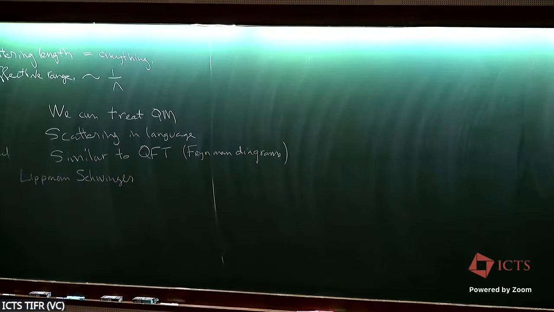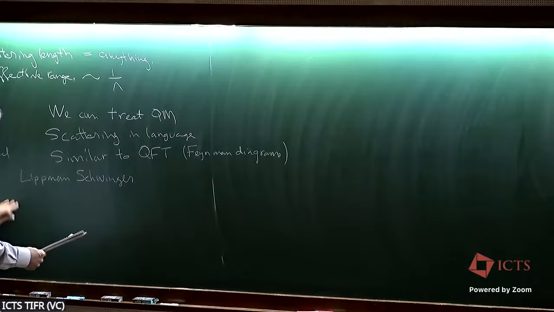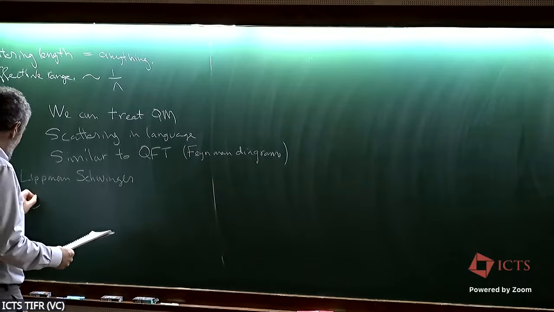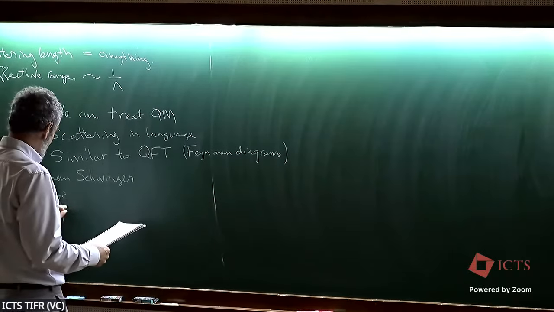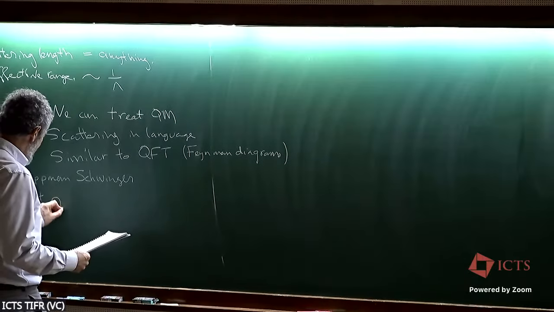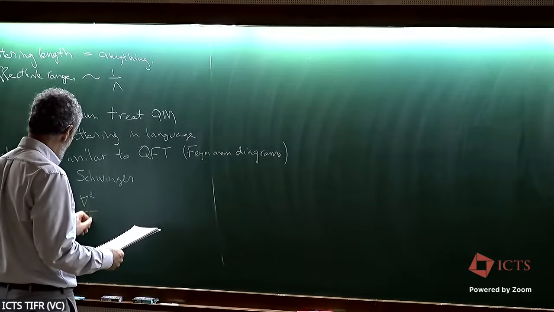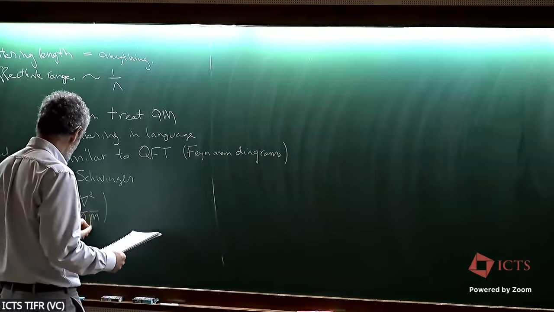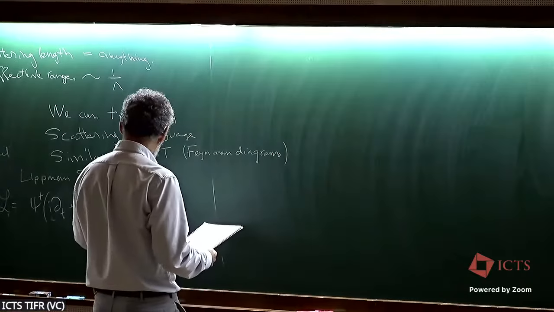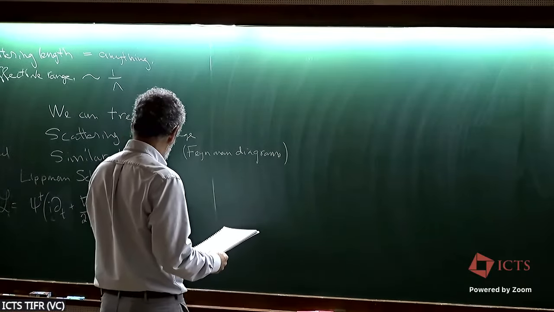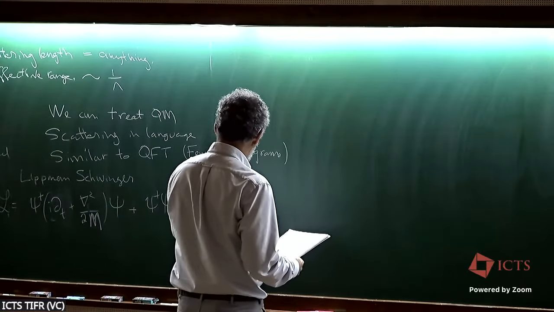But what it is, you write down your Hamiltonian, or you write down your Lagrangian as psi dagger times i d/dt plus del squared over 2M, I'm using a capital M there, psi, plus psi dagger psi at r1, psi dagger psi at r2, V of r1 minus r2.